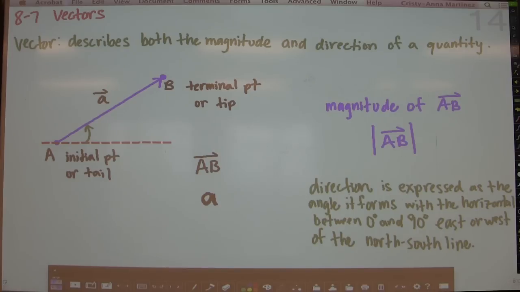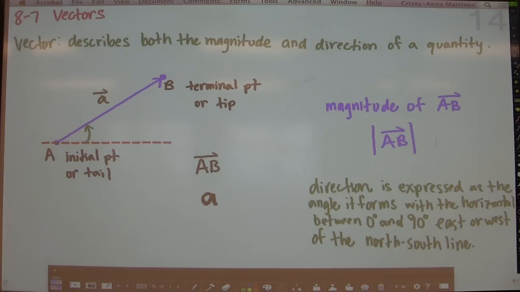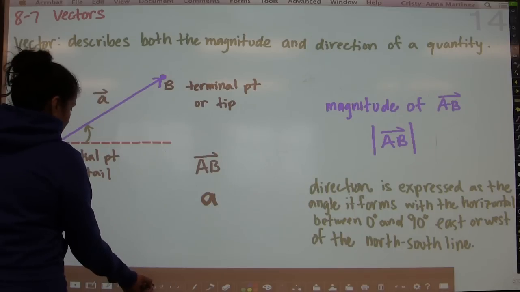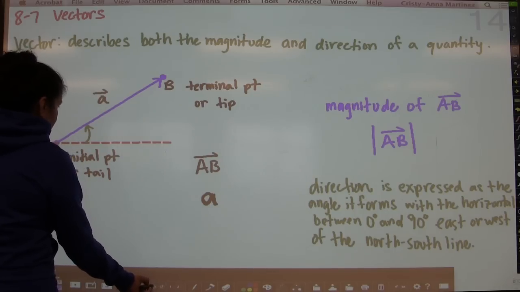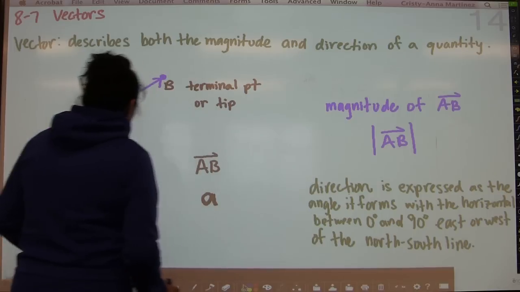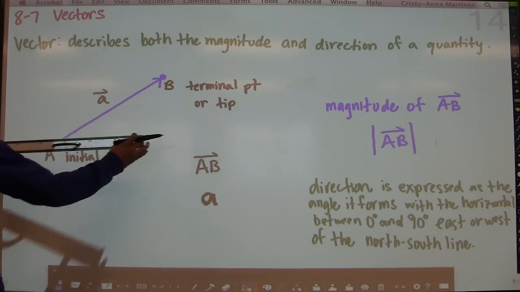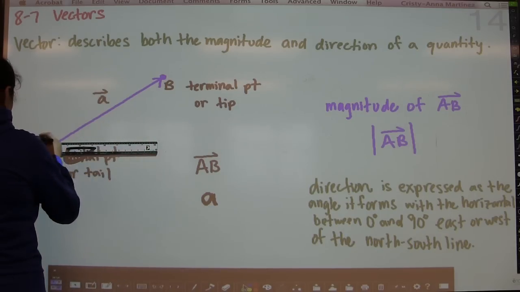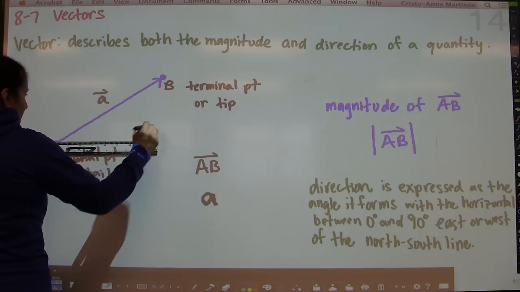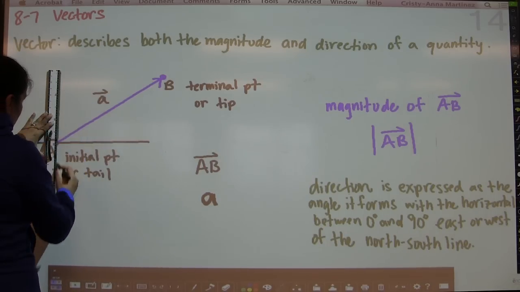Another way of expressing the direction of the vector relates to the north-south line. In order to do that, I'm going to go ahead and take this off, and you want to imagine that you actually have an XY coordinate plane, so to speak. And you have that little guy and this little guy.